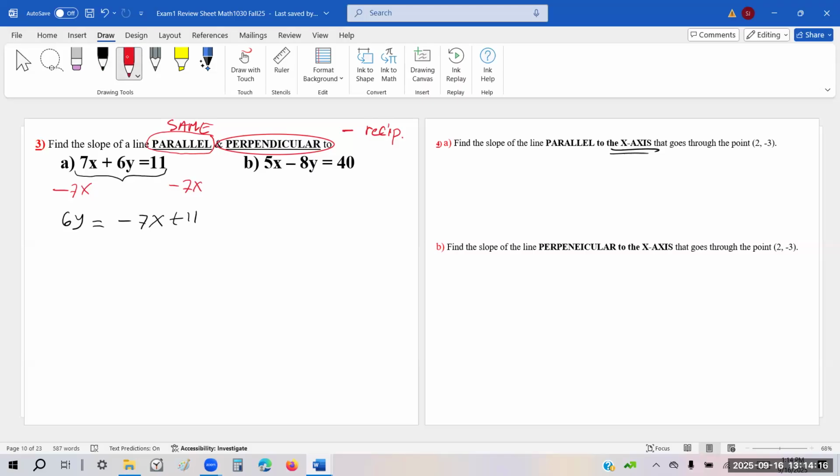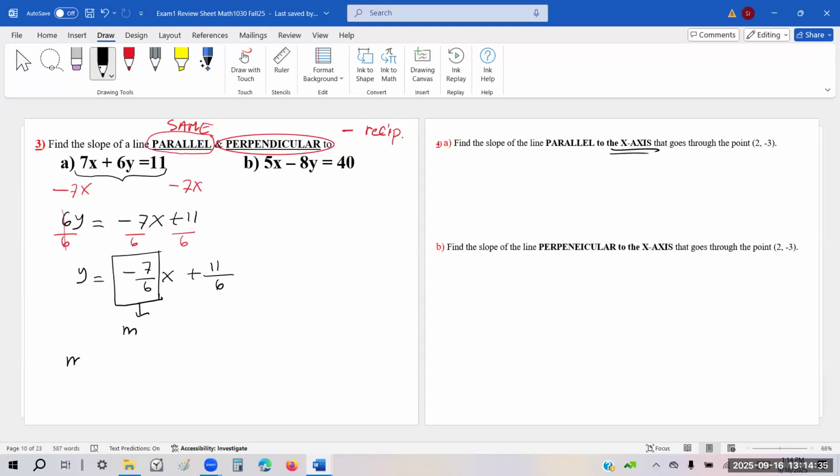And then divide everything by 6. So we have y equals negative 7 over 6x plus 11 over 6. Whatever we have here, that's the slope of this line.